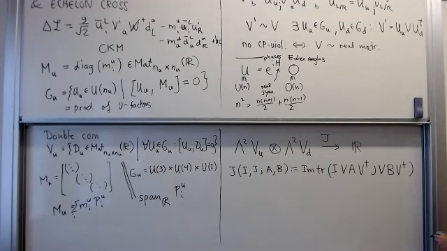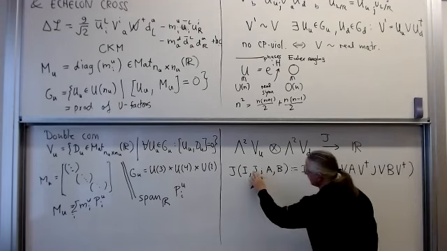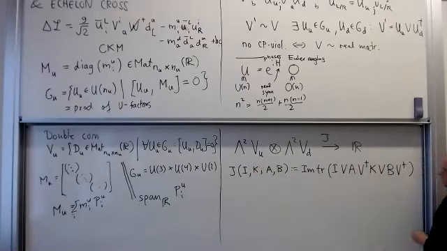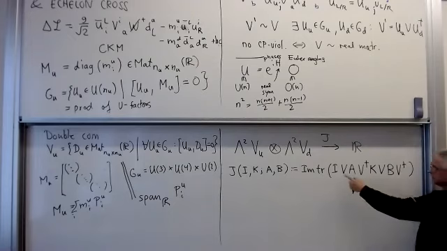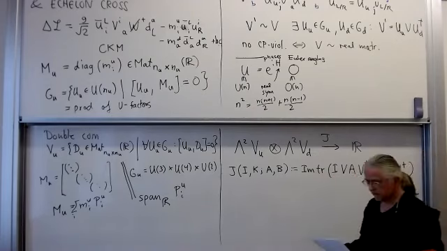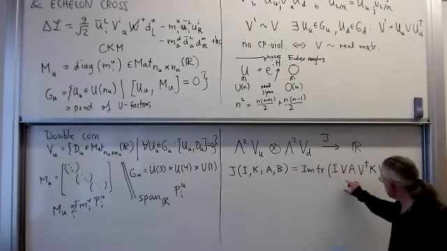Or maybe it's bad to call it J, so maybe let me call this K here, and this K here, like that. So this is a bunch of matrices I have multiplied together, take the trace, and then the imaginary value of that. And why?